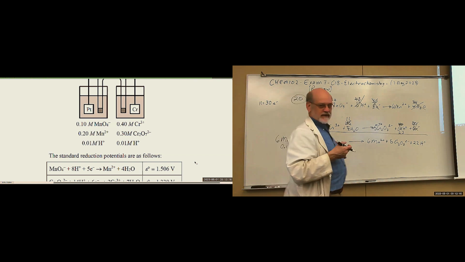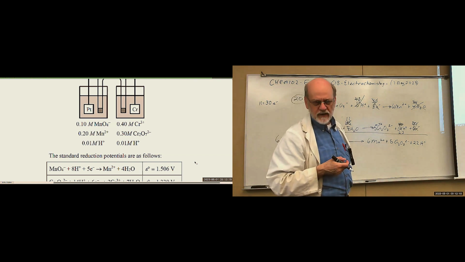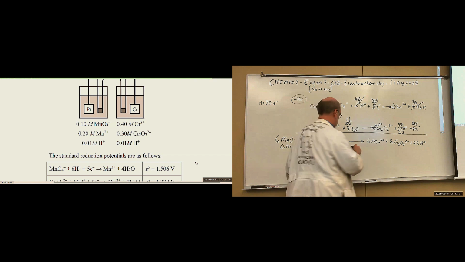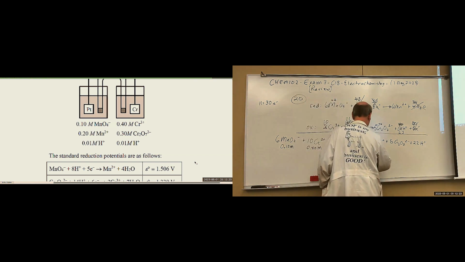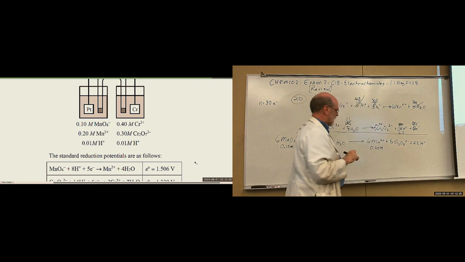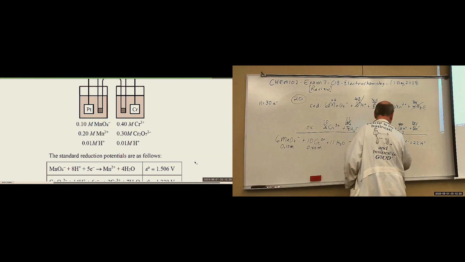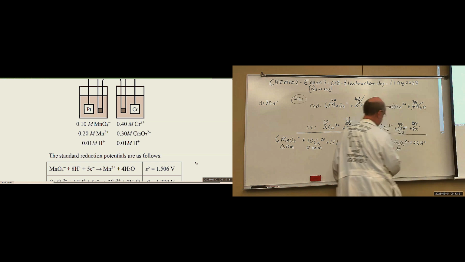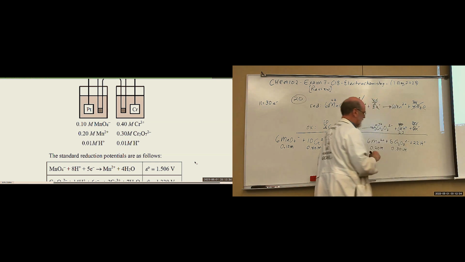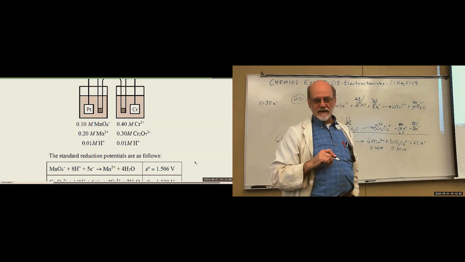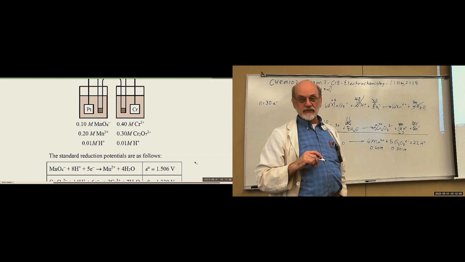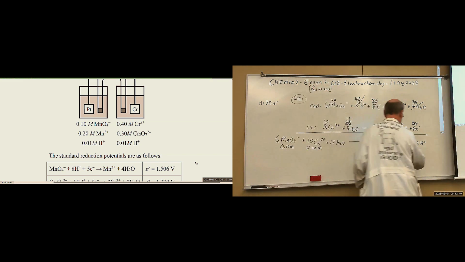So what's next? Mn2 plus is 0.20. And dichromate is 0.30 molar. And hydrogen ions. Oh, we got lucky there. Both sides are 0.01 molar.